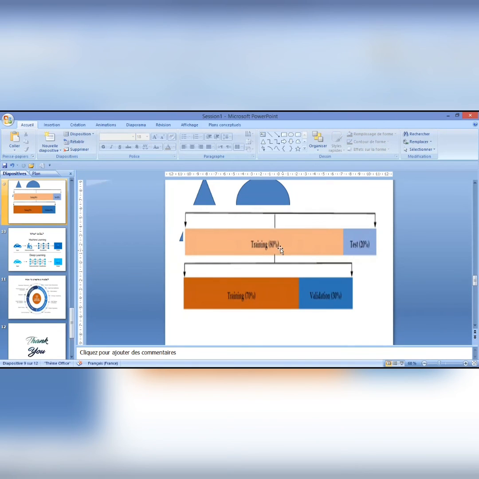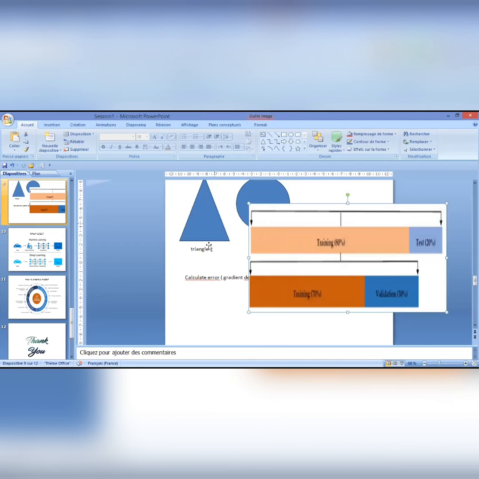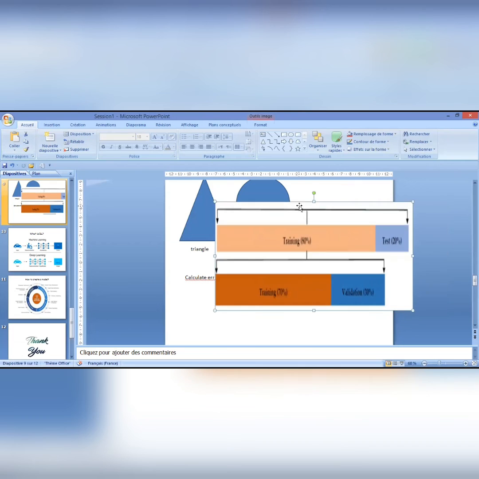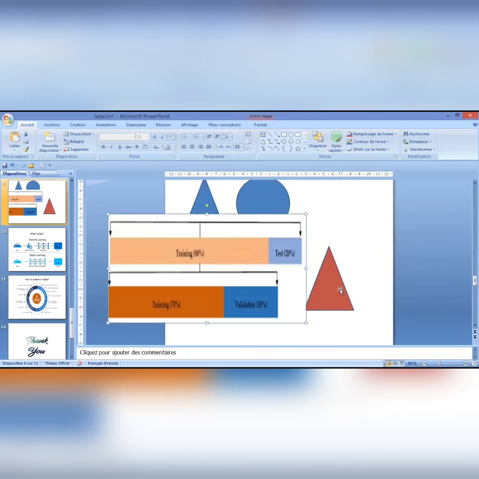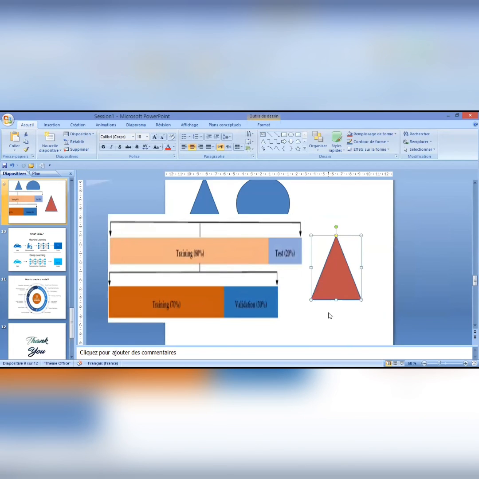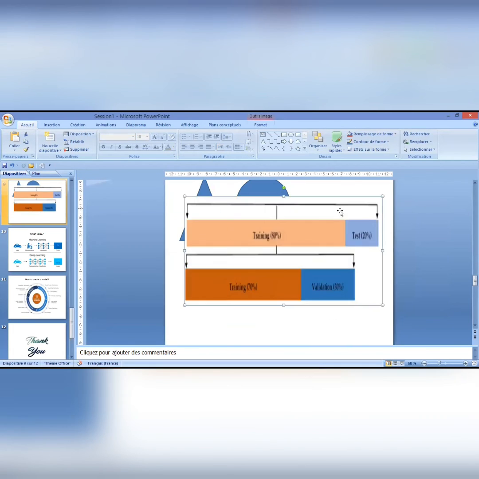But in general, it can take about 80% for the training. So this 80% is the data with the labels. Okay, this is for training. And then we will have 20%. This is the data for testing. Okay, the data without labels.